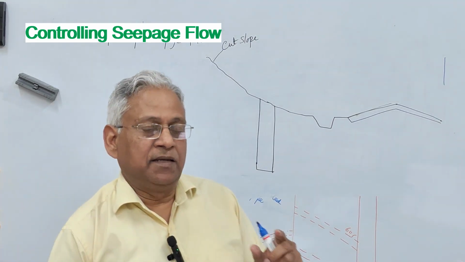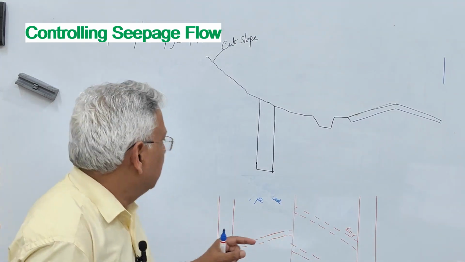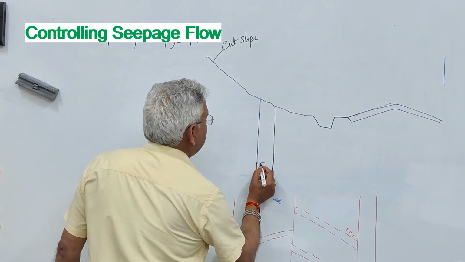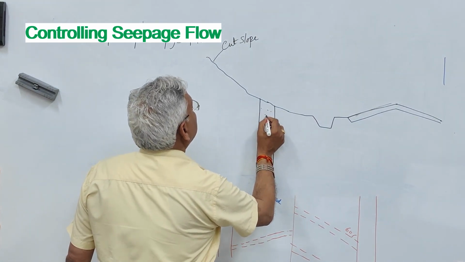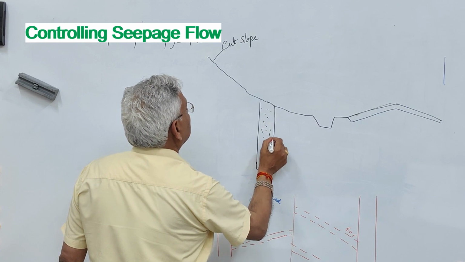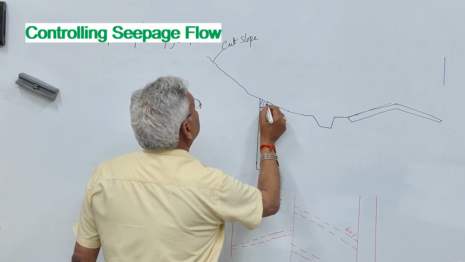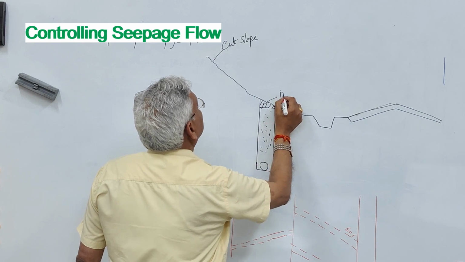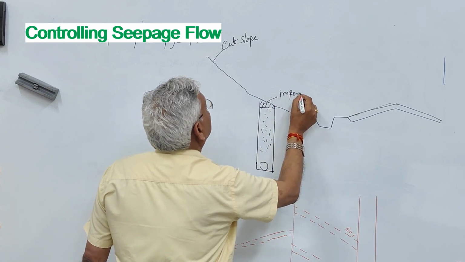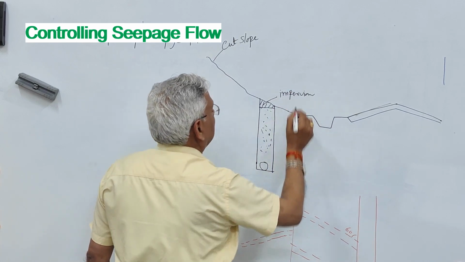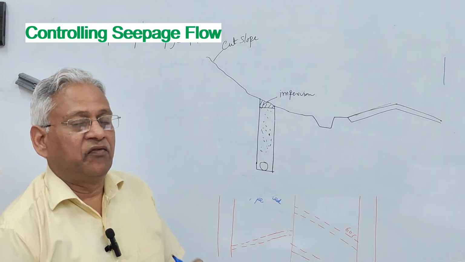the provision is same, that you provide a perforated pipe here and a filter material in this vertical trench, and then seal it through some impervious material like clay. But the purpose is different.